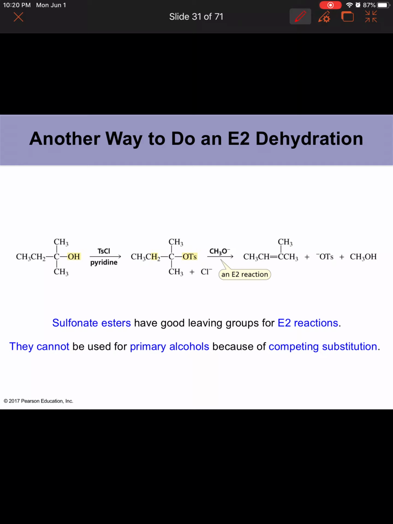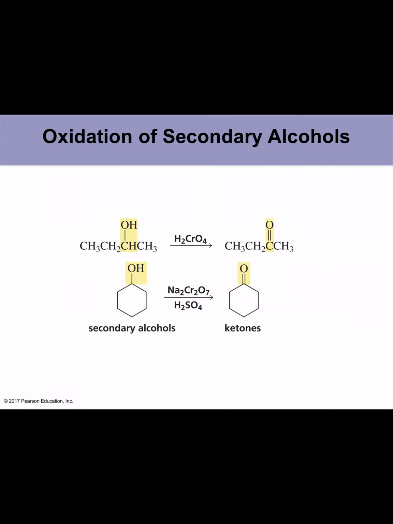For example, the hydrogen over here. So methoxide can come, grab this hydrogen, form a double bond right there, and then leave OTs, the tosylate group. So it forms the alkene. Sulfonate esters are good leaving groups for E2 reactions. They cannot be used for primary alcohols because of competing substitution.